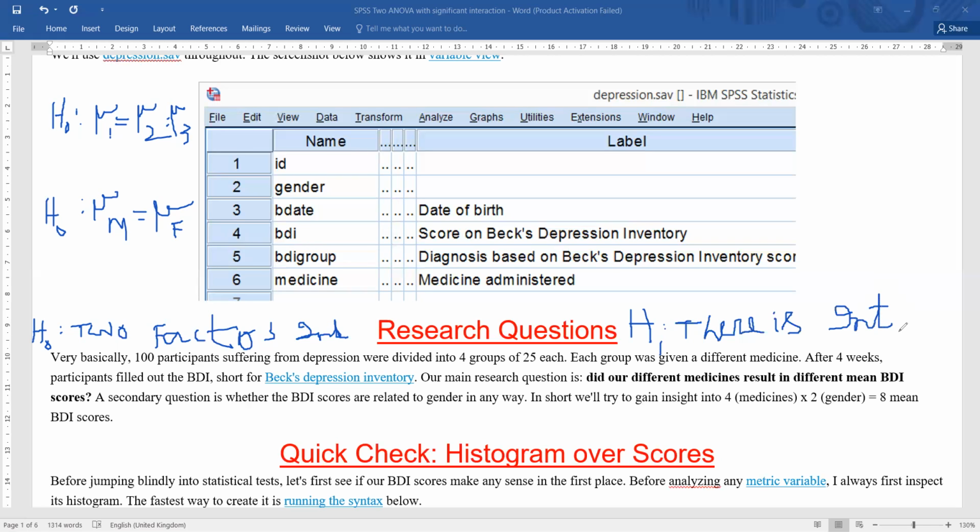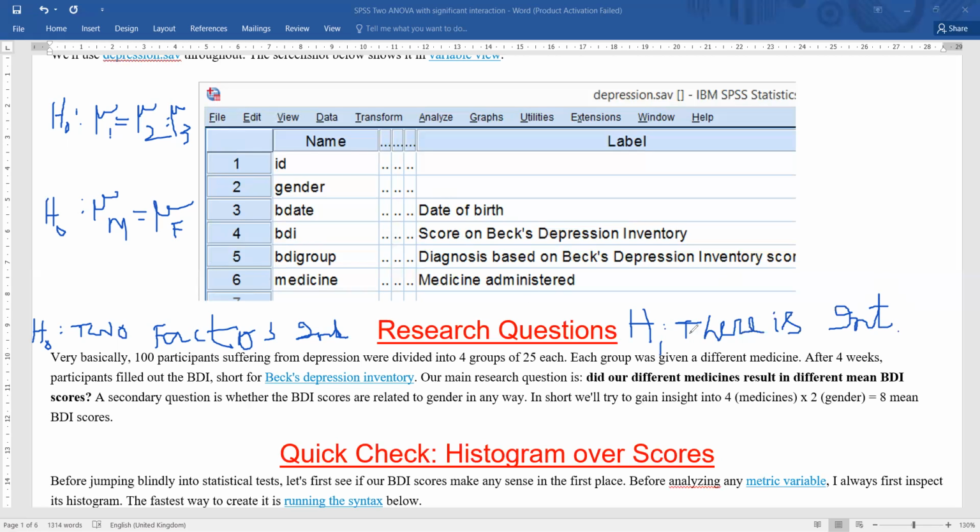So in two-way analysis of variance, we always have three null hypotheses to be tested. Two are related to the average scores for factor number one and factor number two, which are called the simple effects. And then we have to analyze one more effect, which is called interaction. Firstly, out of these three null hypotheses, we have to judge whether the two factors are independent or not.